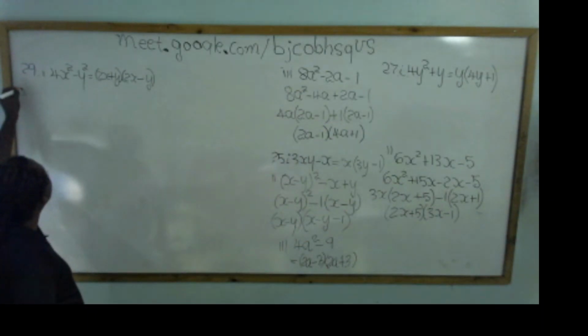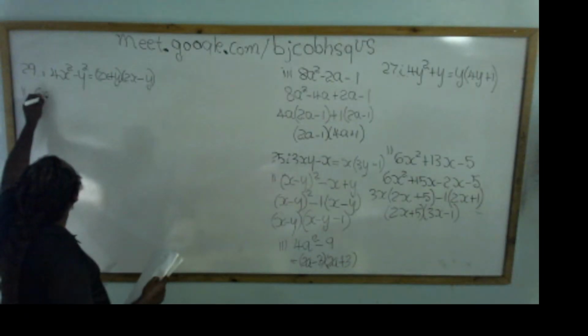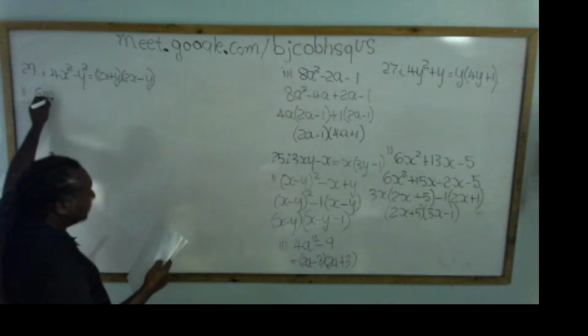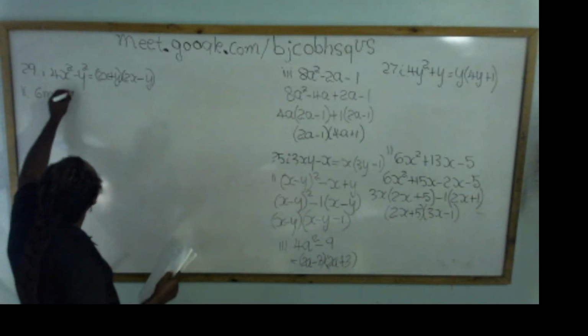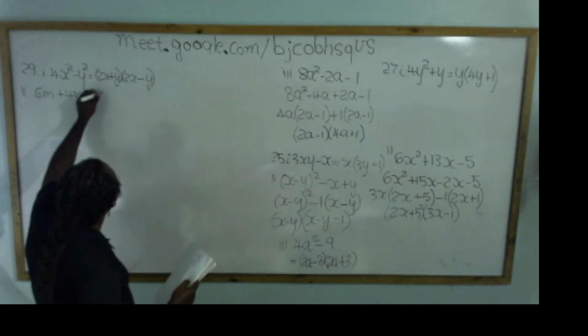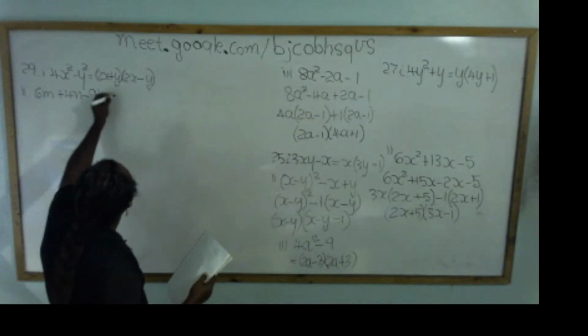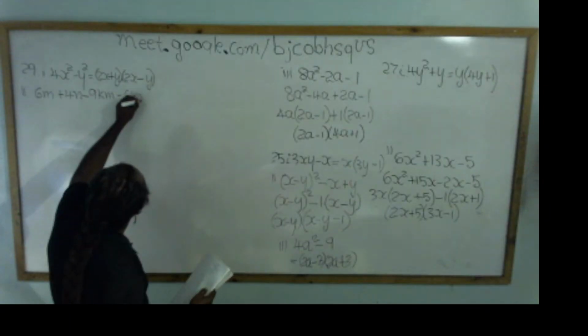Roman 2 first. 6mn plus 4n minus 9km minus 6kn.